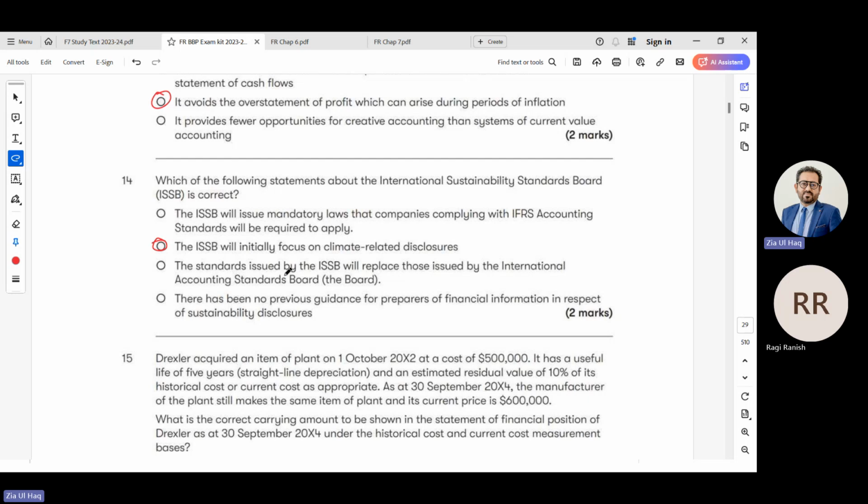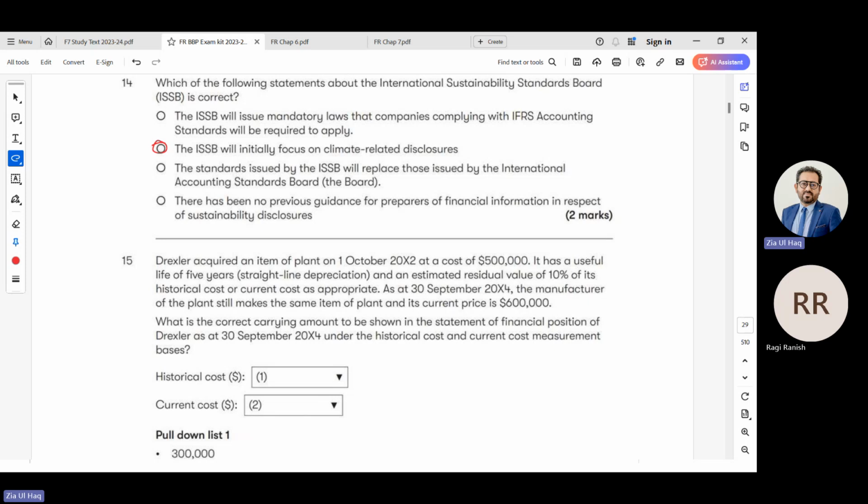The standards issued by the ISSB will replace those issued by the International Accounting Standards Board. No, no, no. Accounting standards are more important. Sustainability is secondary. There has been no guidance for preparation of financial information in respect of sustainability disclosure. No, there is guidance. Company need to comply with some environmental laws, environmental policies, and they need to disclose in the annual report.